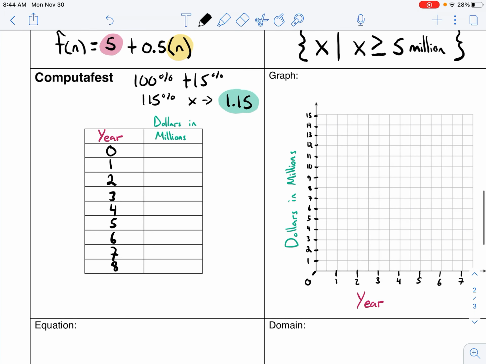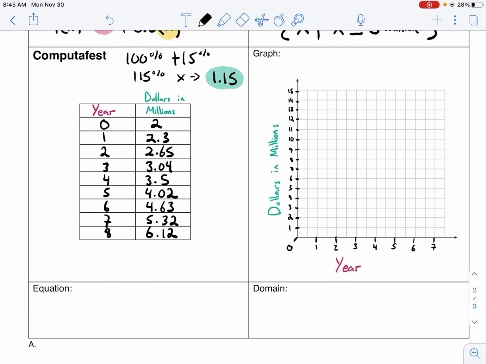If we multiply that, and I'll be rounding as I go, it would be 2.3 million, 2.65, I'm going to keep it at the hundredths, 3.04, 3.5, 4.02, 4.63, 5.32, and 6.12.